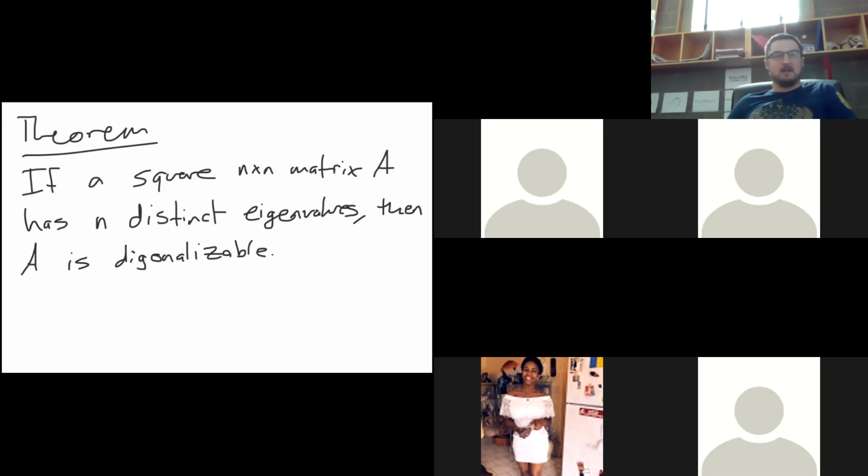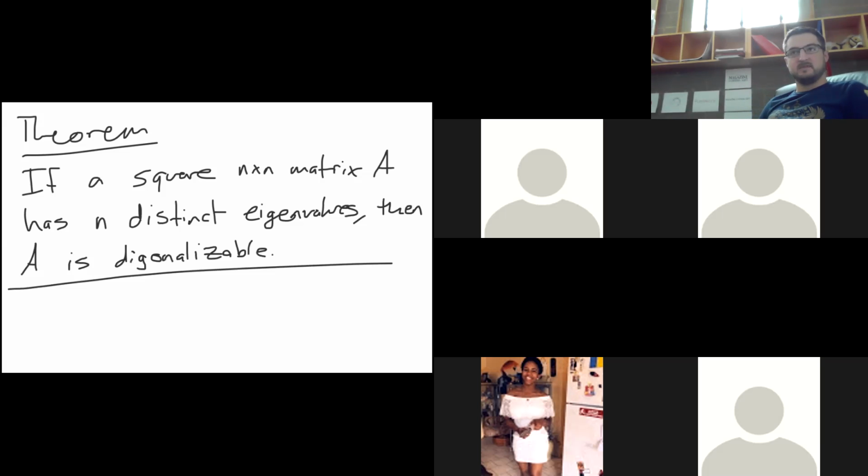I end up getting n eigenvalues, and each of them are different. And n matches up specifically with the number of rows and columns of this matrix. So no multiplicity and no zeros. Actually, this one doesn't care about zeros. We don't want zeros if we want a unique solution. If we don't care about having a unique solution, our eigenvalues can be zero.